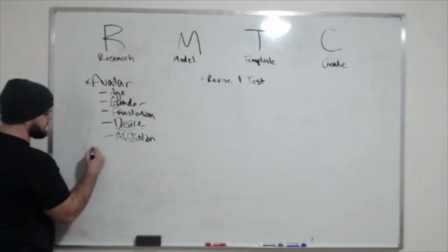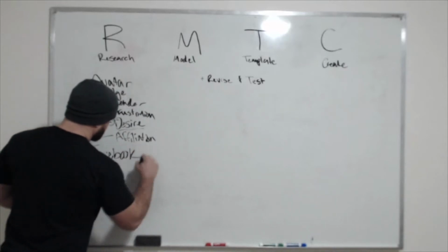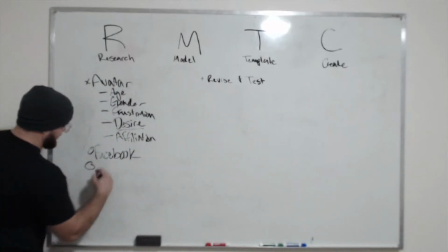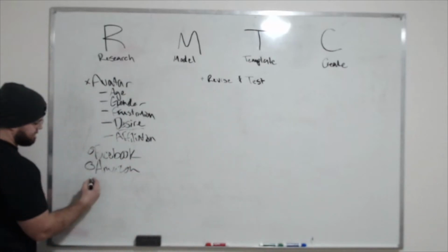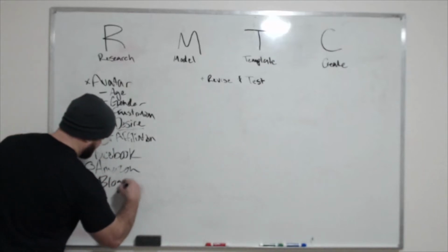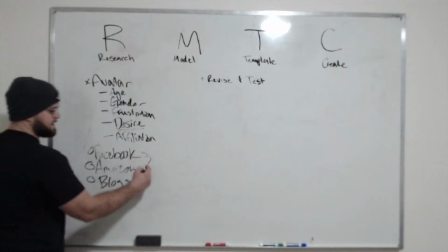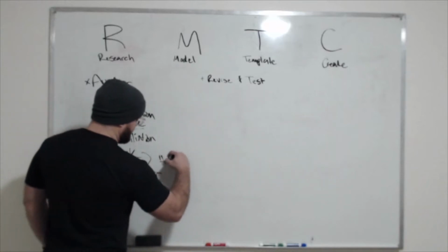Some places that you can go are Facebook. You can go to Amazon. You can go to different blogs. And what you're looking for here is, where are they hanging out?